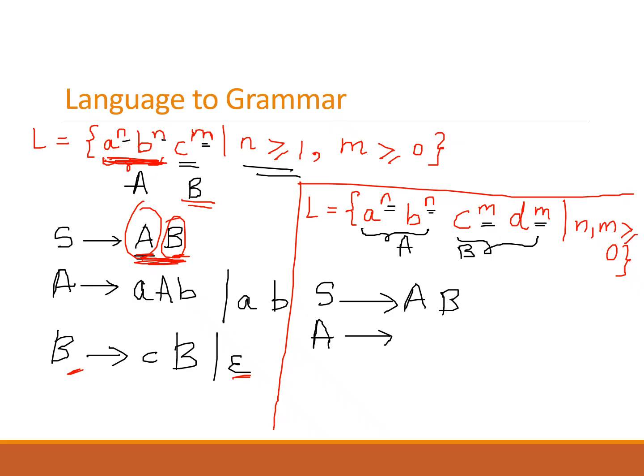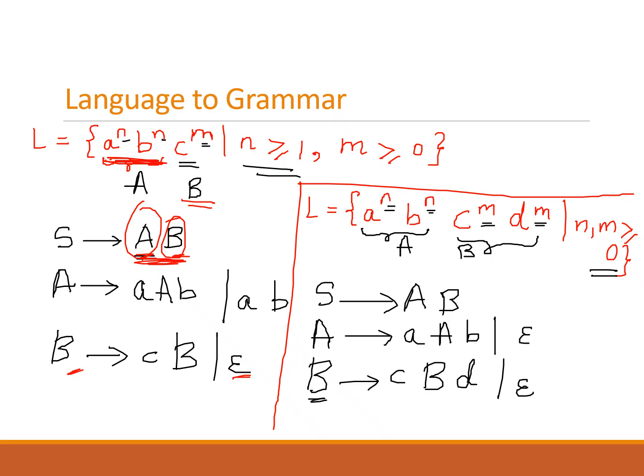So A is there to increment AB with a recursion. The minimum accepted is epsilon because they can become 0. And B is there to increment CD. So for B here we have the recursion and we make this as epsilon. So this is the grammar production rules which will be generated.